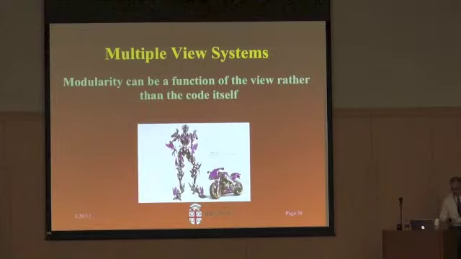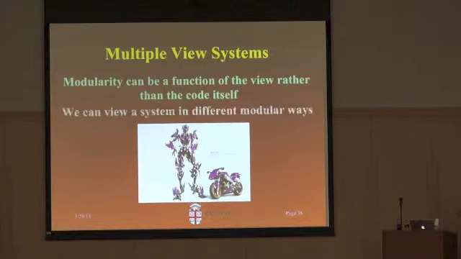There are many systems; people have been trying to do this for quite a while. The idea is you want to view the modularity in multiple ways. People have been doing this successfully all over the place. Most UML editors have a single underlying representation with all these different views, and you can edit things in lots of those different views.